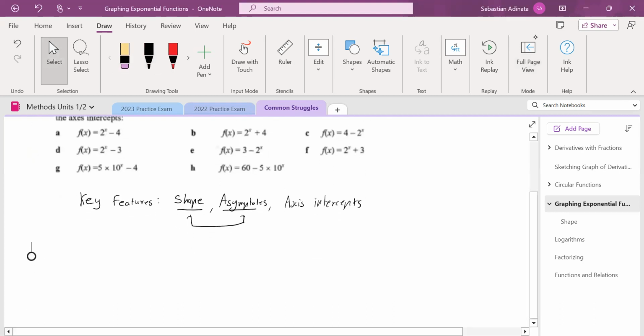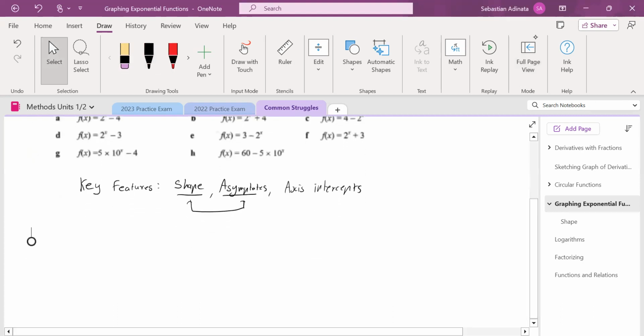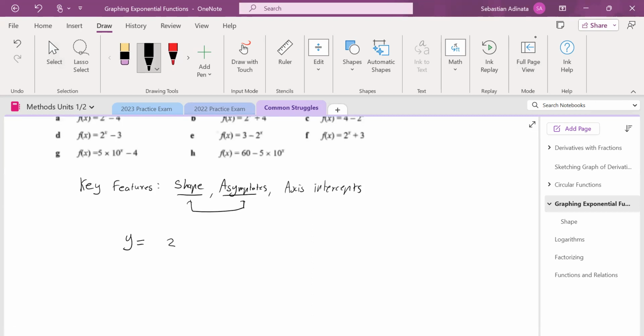There's a few different things that can happen. You can have y equals this. So if we had y is equal to 2 to the x, the 2 and x are positive, we can have the 2 be negative. We can have the 2 be positive and the x be negative.